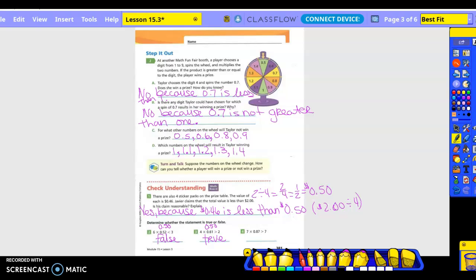Okay, the next one, we're comparing the 7 to the 7. So 7 divided by 7 is 1, so 1.00. Is 87 hundredths greater than 1? No. So this is false.